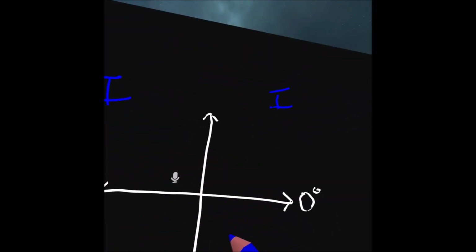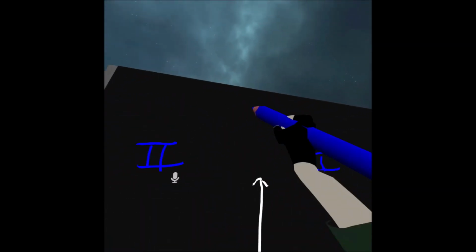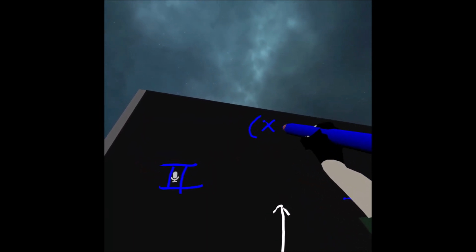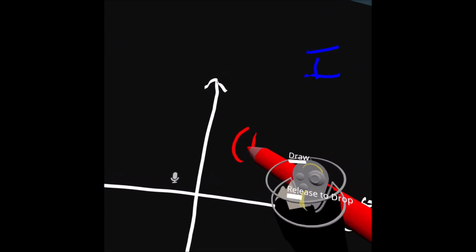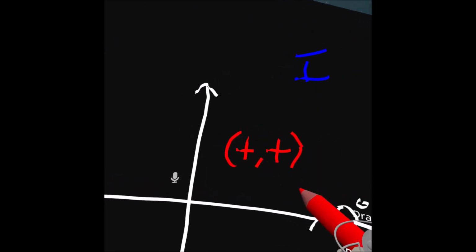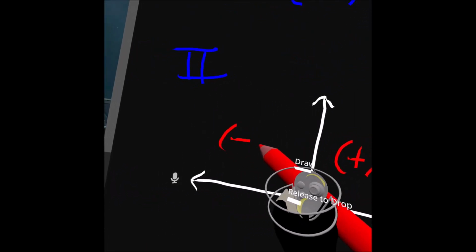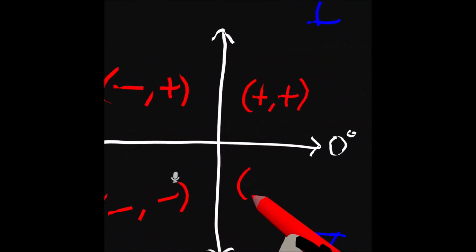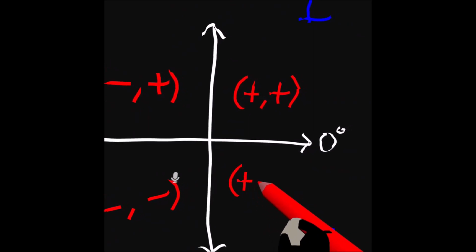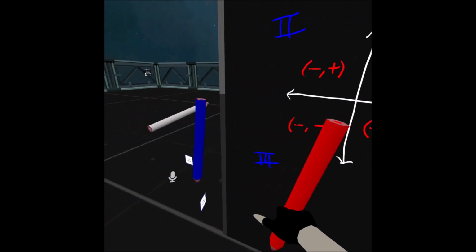All right, so if we just think about the x, y points, right? This would be positive, positive here. Then this would be negative, positive here. This would be negative, negative here. And this would be positive, negative here.